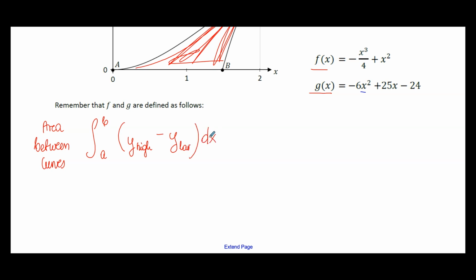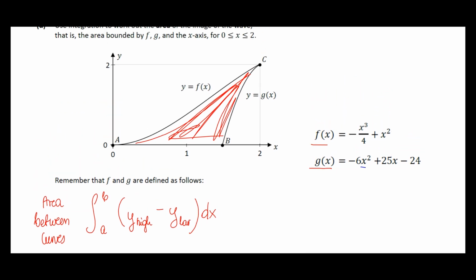Now, what do we mean by that? Let me explain. So let's see. Now I pick the value of x here. For this value of x, let's say that's 1.6, this function g, that's where it is. So value of y will be, let's say, 1.